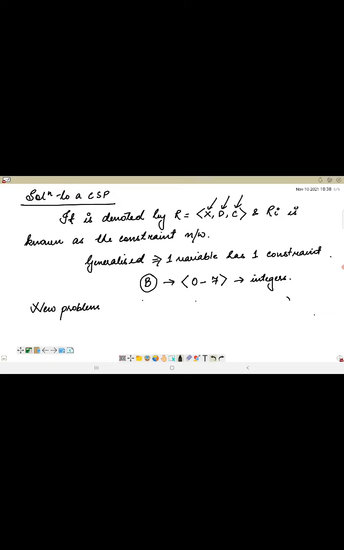So we will simply take the new problem, represent it as a CSP, and then apply a solver or apply the solution. That means deciding how we are going to assign each value.